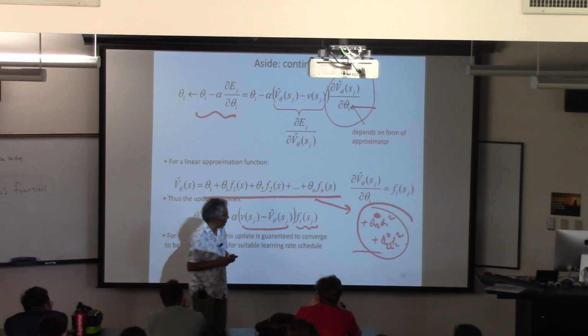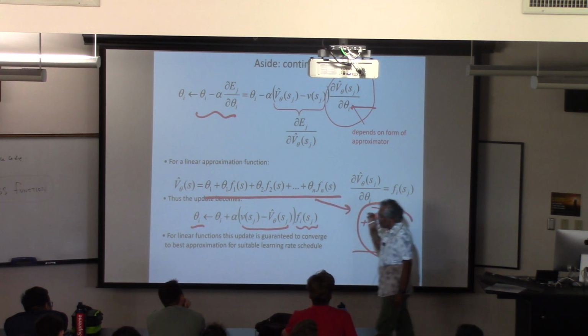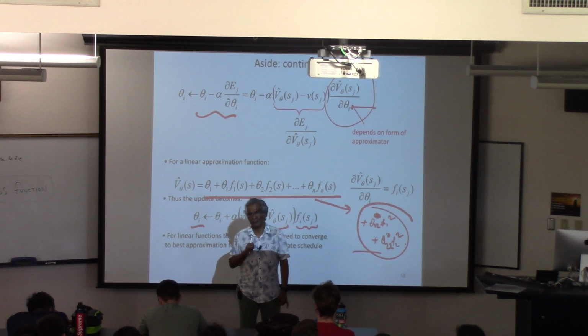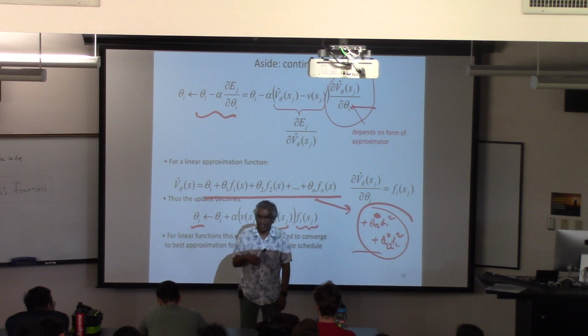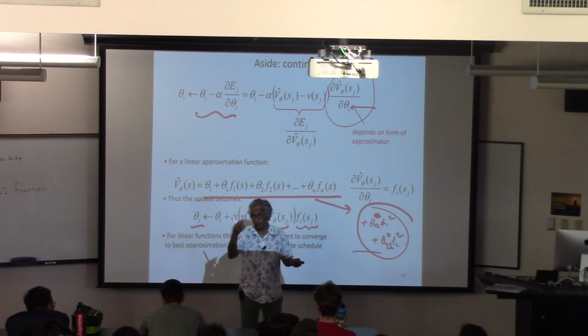But in general, when you do this, here is an interesting thing. If you started with 4 features, it was a 4-dimensional optimization problem. Now if I started having f1 square, f2 square, etc., and the cross terms f1 f2, f1 f3, etc., now it has become 16 features.